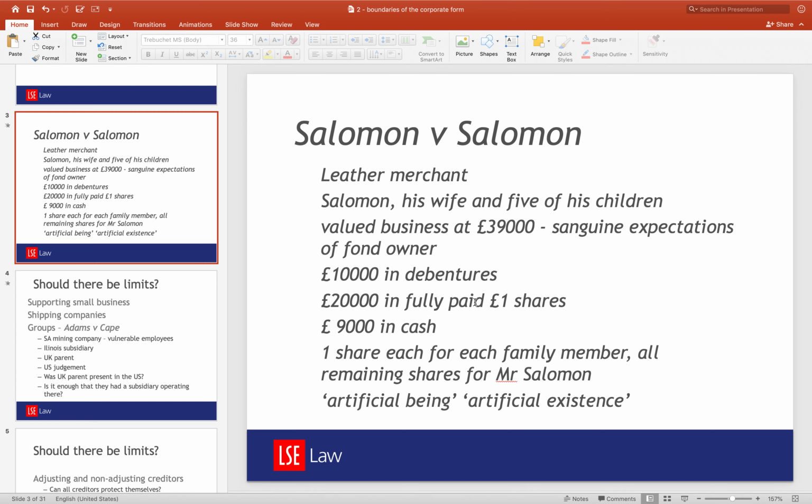So Salomon moves company law from its original purpose, which was to facilitate large-scale projects, into a small and medium-sized enterprise space where companies can be used, as they are now frequently, for small businesses such as the business of the leather merchant Mr. Salomon.